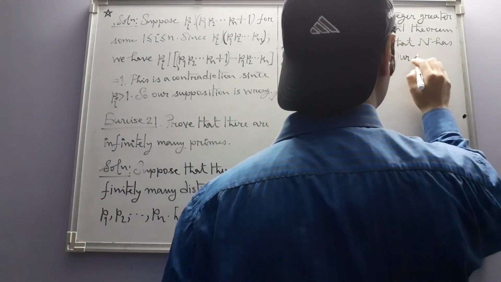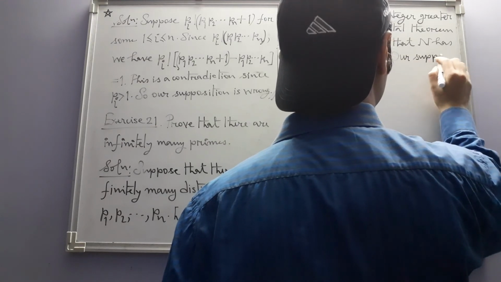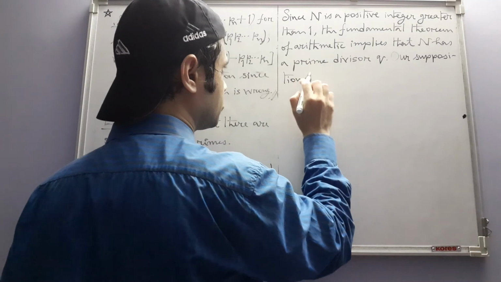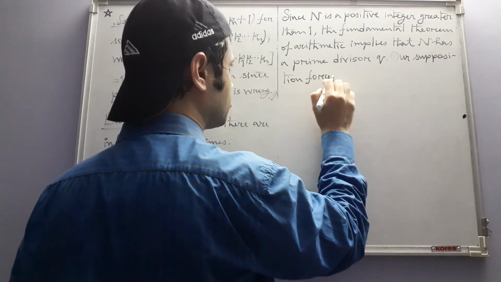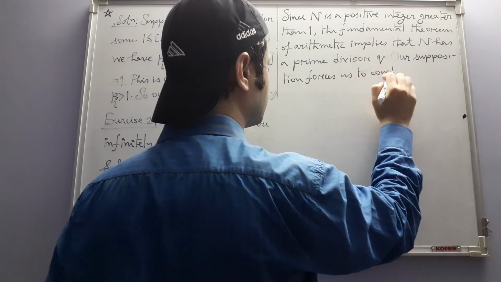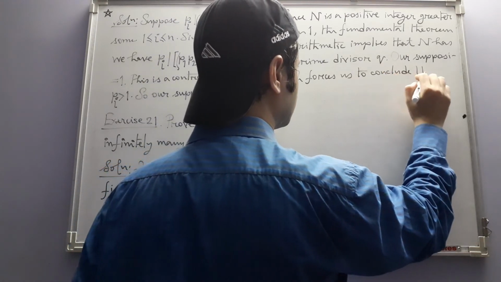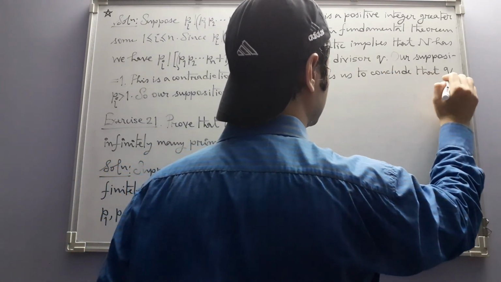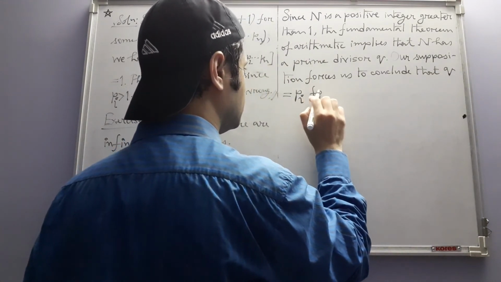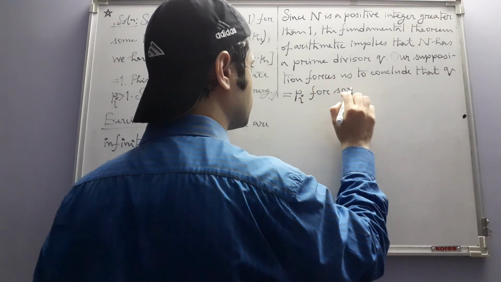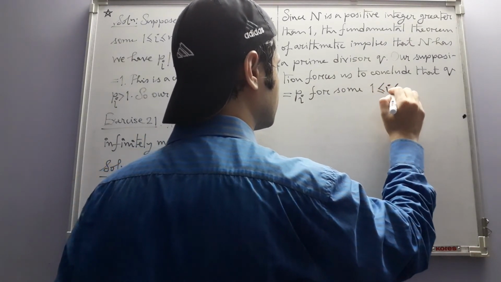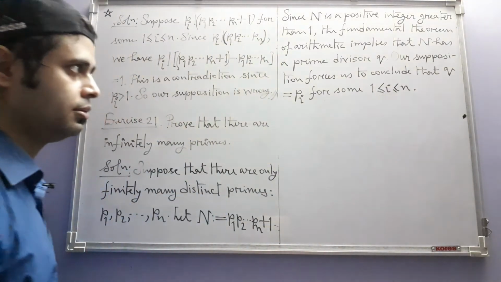Our supposition forces us to conclude that q is equal to pi for some i.